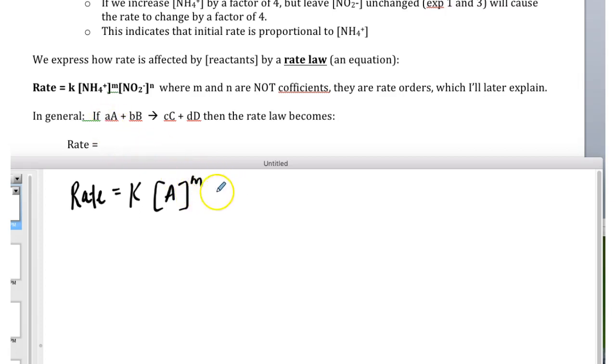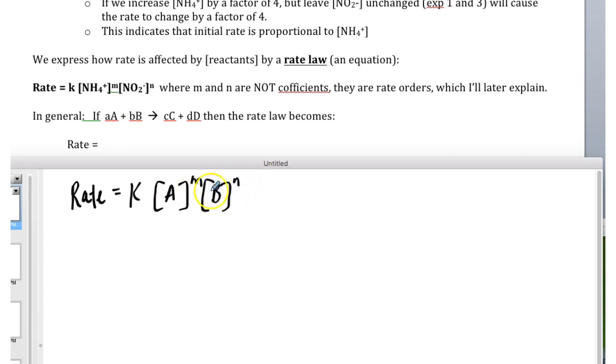We don't know what that is because we have to look at data to figure that out. It's not going to be little a, okay? And then you multiply that by the concentration of B, and we're going to set that to n, not little b. And again, we ignore the products. So this is the general setup for a rate law.